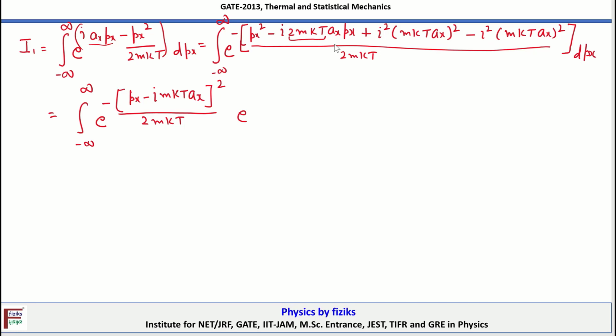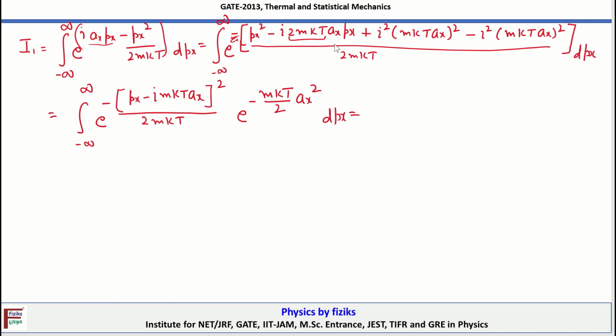And then we have an additional exponential outside, so this comes out equal to exponential minus mkT by 2 a_x², and then dp_x.